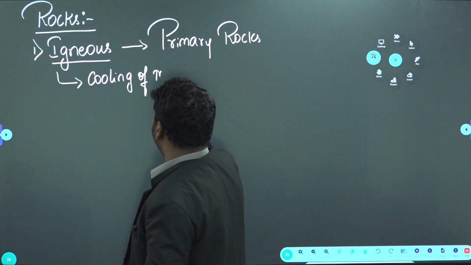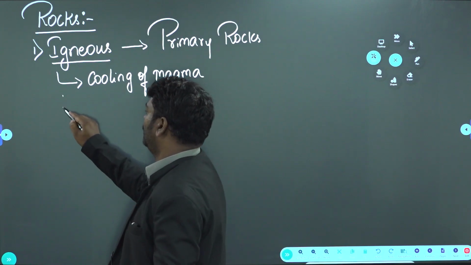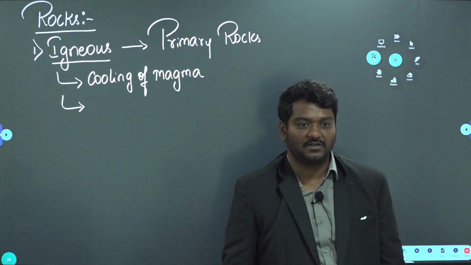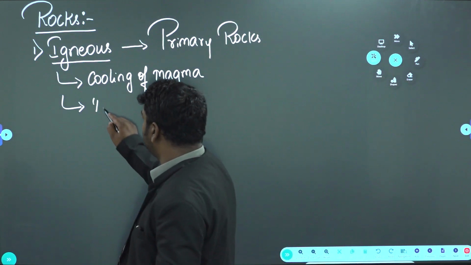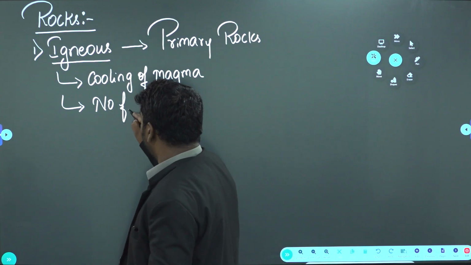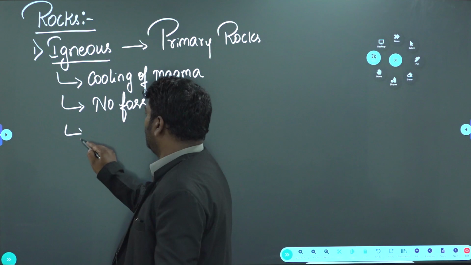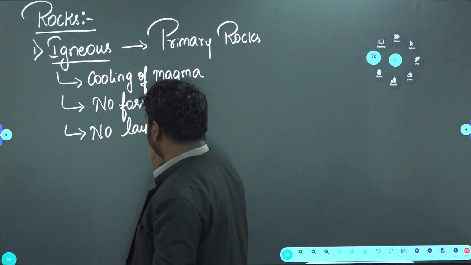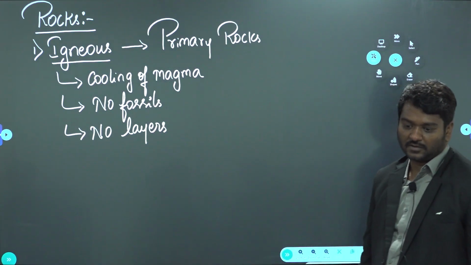Cooling of magma. Igneous, will it have fossil? No fossils. Igneous will not have fossils. Igneous will not have layers. Layers are also not present.